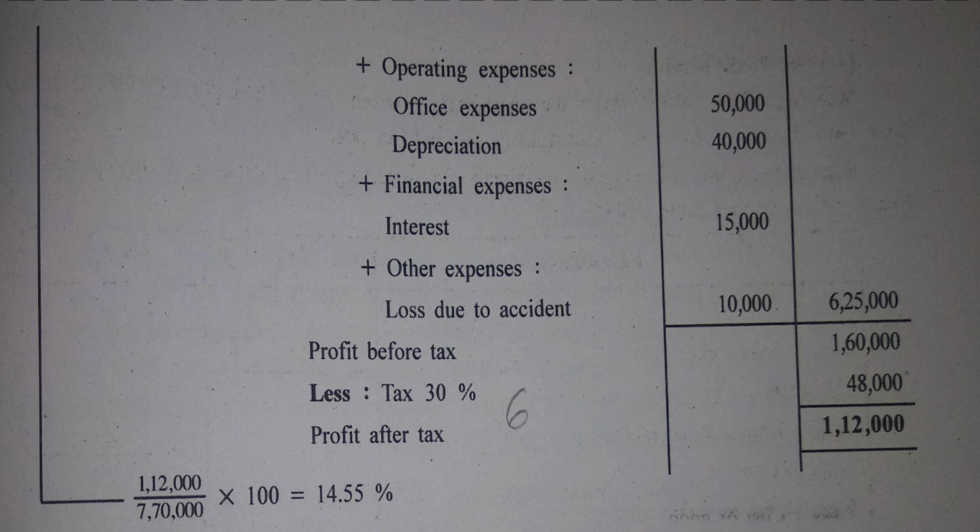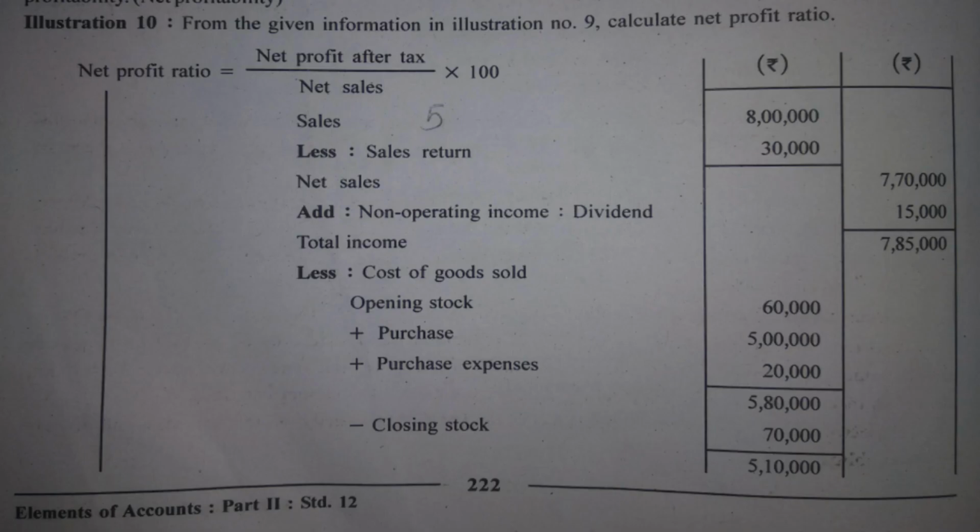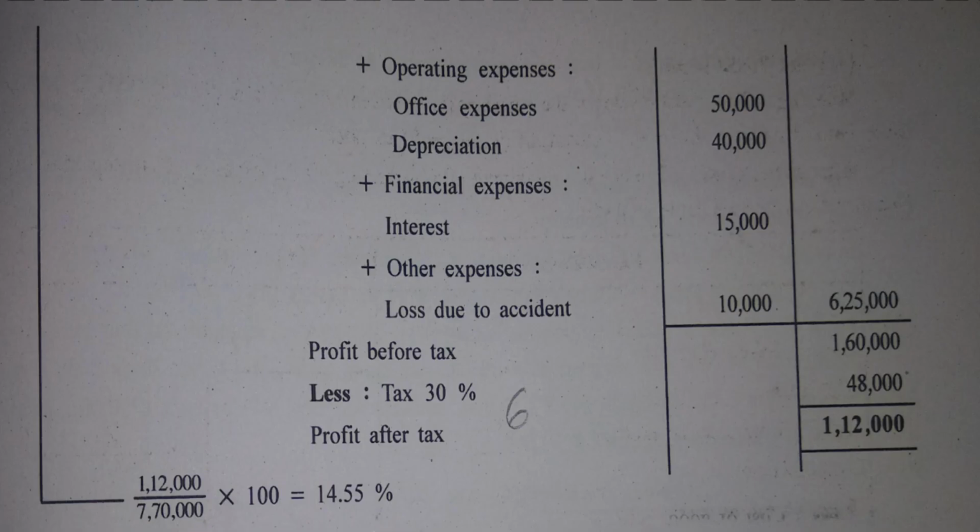So finally, if you substitute these figures in the formula, net profit ratio equals net profit after tax upon net sales into 100. Net profit after tax is 1,12,000. Net sales is 7,70,000, into 100 gives you 14.55%. This is the answer for net profit ratio.